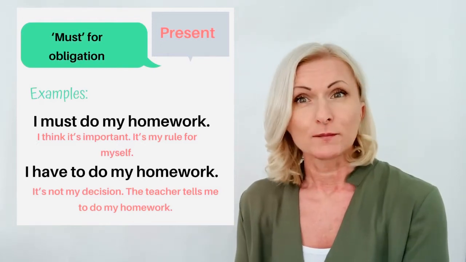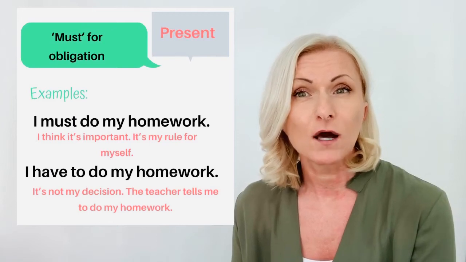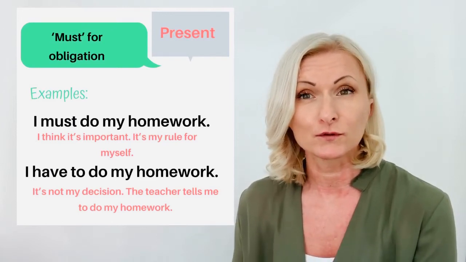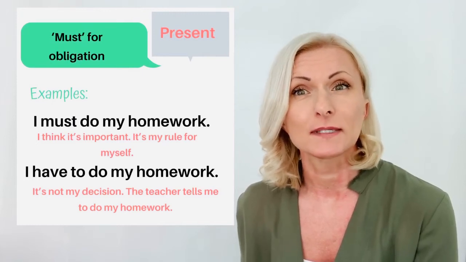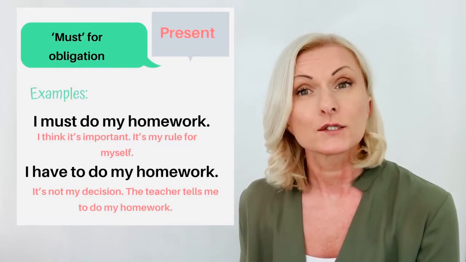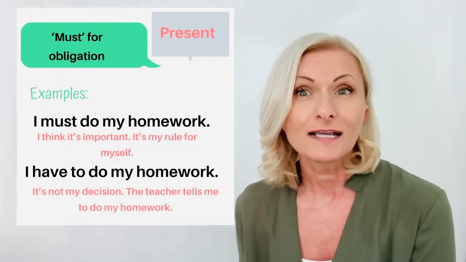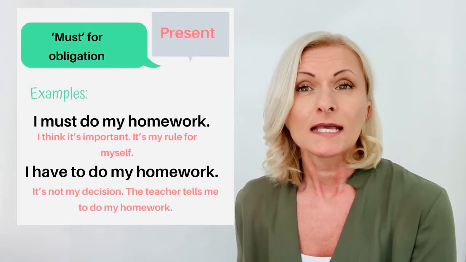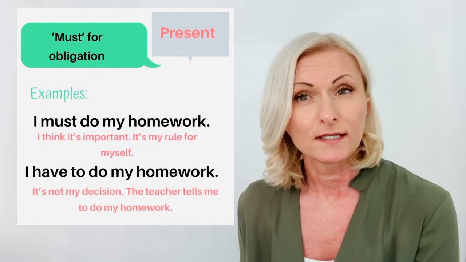I have to do my homework, on the other hand, suggests that this comes from an external authority, so probably my teacher. My teacher tells me that it's necessary for me to do my homework. So this construction does not suggest that I think it's important. It just suggests that this is a rule that I have to follow.